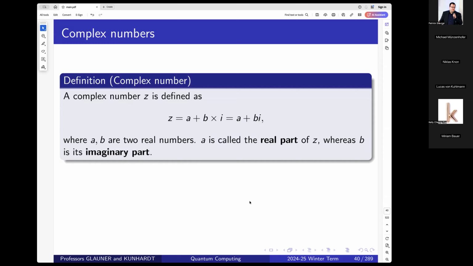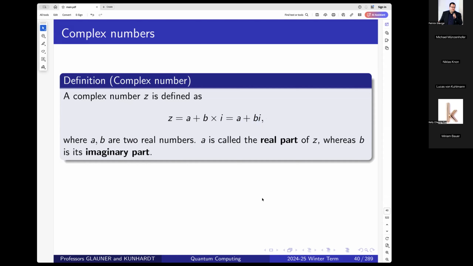And A and B are both real numbers, any real numbers. A is often called the real part, and B is called the imaginary part. And I is just the imaginary number from before. Now all possible real numbers that you plug in for A and B respectively would eventually create a set of complex numbers.